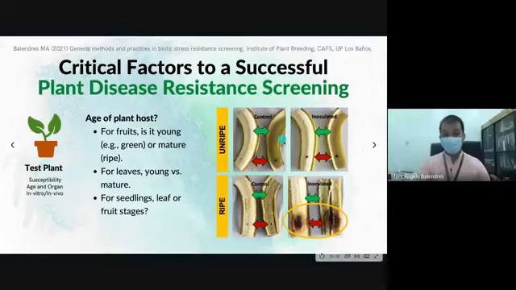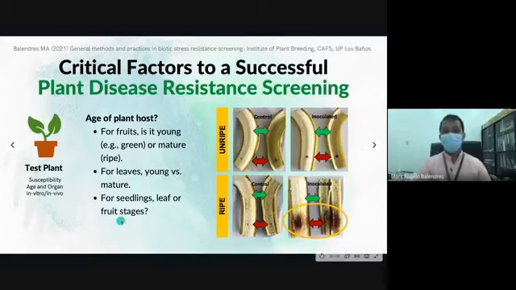Infection occurs on ripe fruit. So if you do inoculation on unripe fruit, then you're likely to consider all your materials as resistant. That is not good, because you'll always get resistance because it's unripe. So you need to know whether it's ripe or unripe. If you don't know, then go to the literature and read information about previous work. If it hasn't been done, then you could always do your own trial.